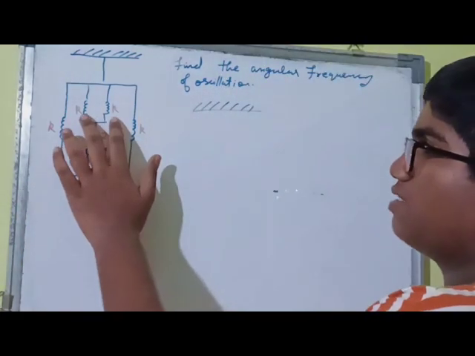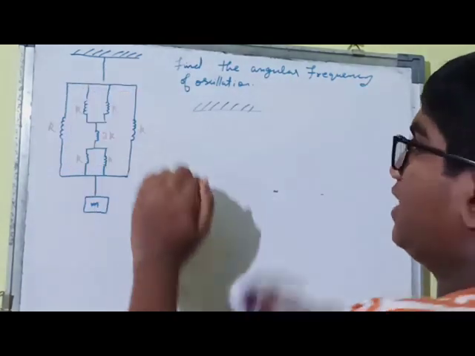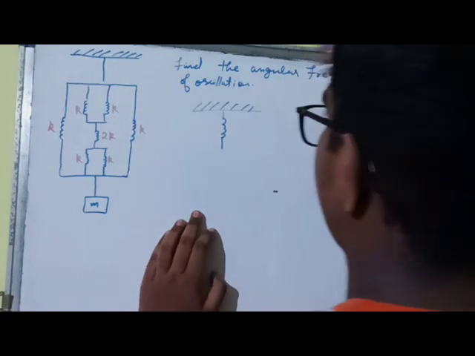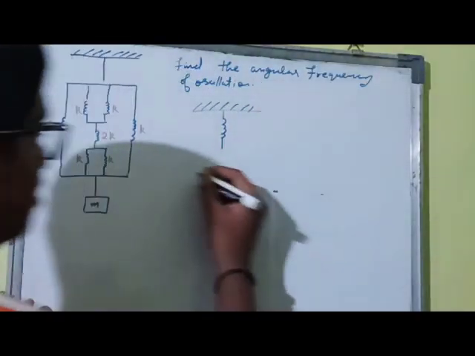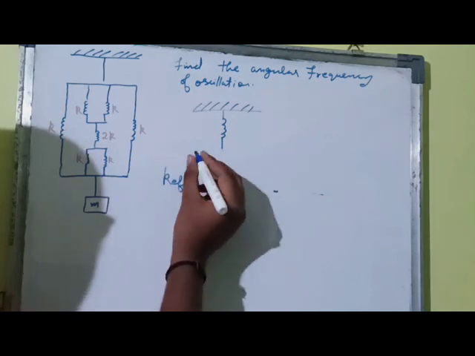These two springs we understood they are in parallel. So the net spring constant becomes the sum of the two spring constants. So let me write it down here.